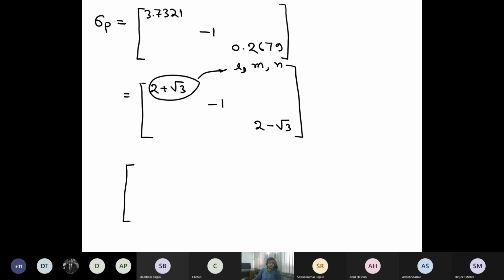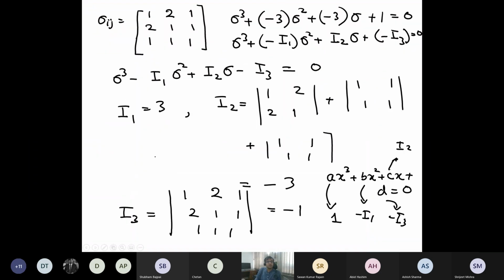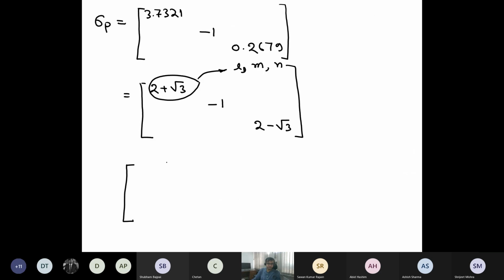So I will write this one. So this will be the actual sigma. What was the actual sigma? Sorry, it should be here. 1, 2, 1, right? So this will be 1 minus sigma P, and I'm taking only this one. You have to take one at a time. 1, 2, 1, nothing here.